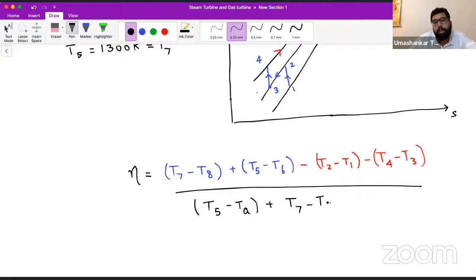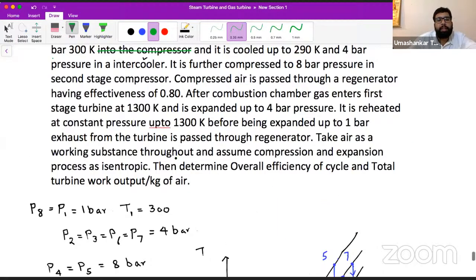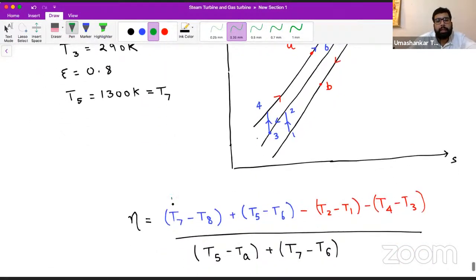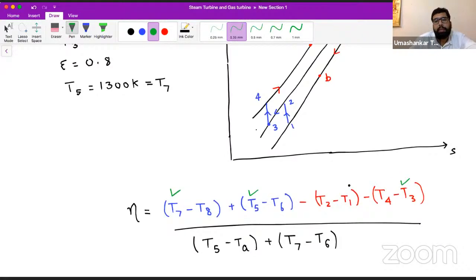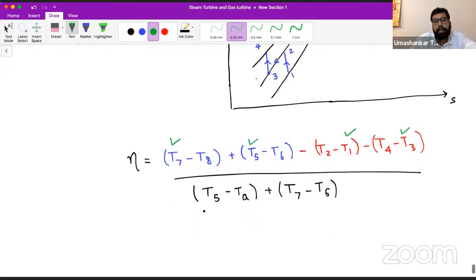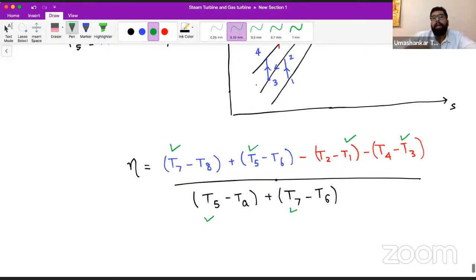So now let's just see which temperatures we are given in the question and what we have to find. So T7 is given to us. T5 is given to us. T3 is also given to us. T1 is given to us. Again, here T5 is given to us. T7 is given to us. So we require what temperatures?